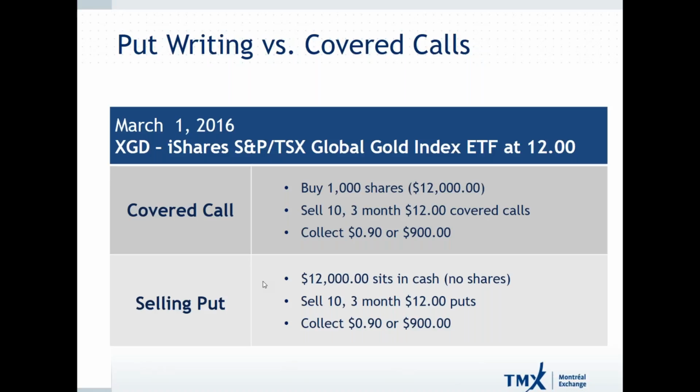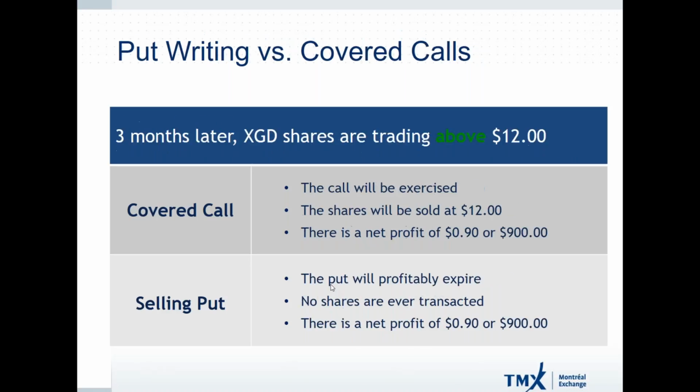Alternatively, we could leave the cash sitting in our account and sell 10 3-month $12 strike puts and collect 90 cents per share, or $900. So what happens is that if the shares are trading above $12 on expiration, the call is exercised, the shares are sold at $12, and there's a net profit of $900.